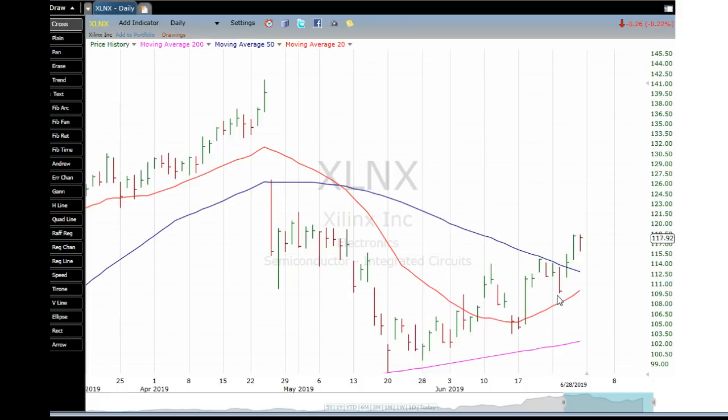Looks like it's going to roll over here, but there's no downside follow through, and follow through is always key, and turns back up here. And today, this morning, pre-market, looks like Xilinx is up 5 points on the heels of the talks getting restarted with China, which is giving a tailwind to the chip stocks.